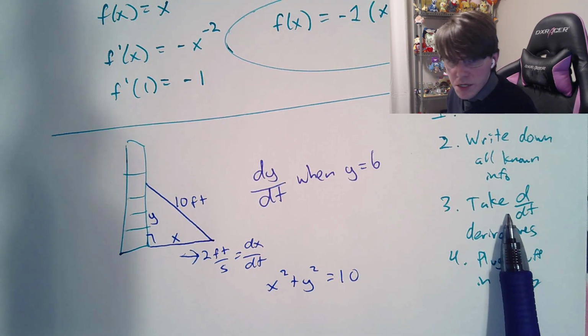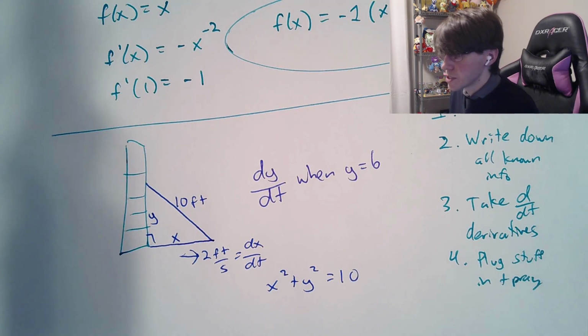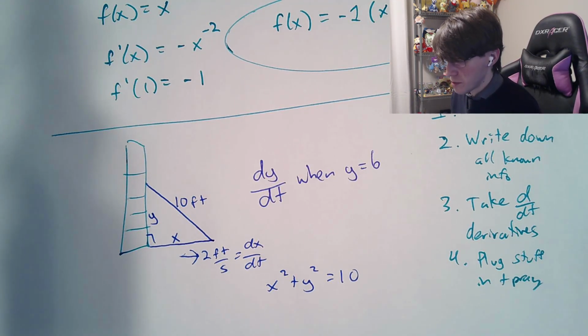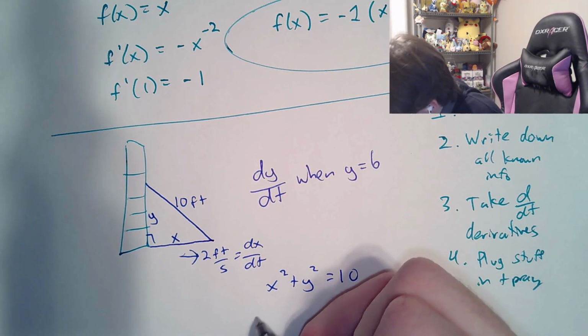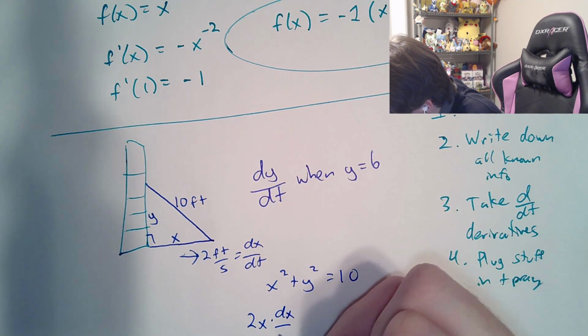All right. Now we have to take d over dt derivatives. What that means is very similar to our implicit differentiation earlier. We're going to take the derivatives of everything, except now we're going to put a d, whatever the letter is, over dt. So for instance, the derivative of x squared is 2x, and then we put a dx over dt.